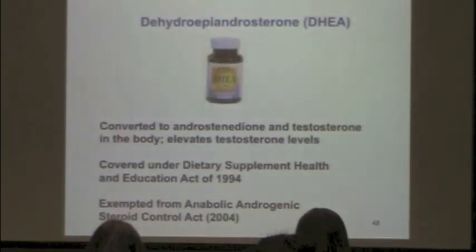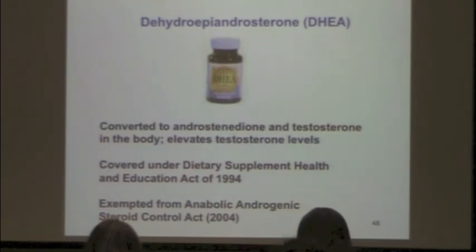But interestingly, DHEA is not covered under the 2004 Act. It's covered as a dietary supplement, even though it appears to have anabolic androgenic activity, because it is converted to testosterone in the body.